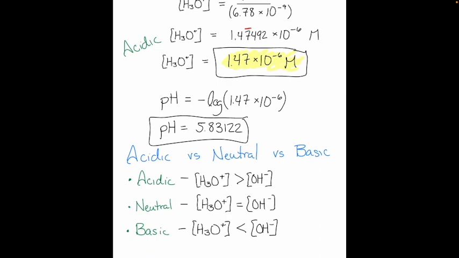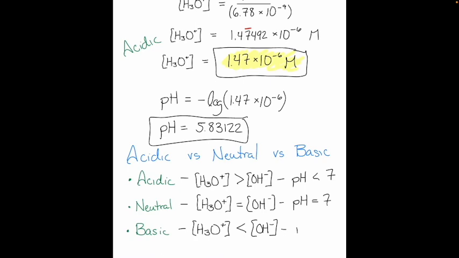Okay? So for our criteria of acidic, basic, and neutral, we can sort of restate this in the world of pH. Saying that the concentration of hydronium ion is greater than hydroxide ion, this means that the pH would be less than 7. In a neutral solution, if these two are equal, and you can sort of prove this by solving it in your autoionization equation, this would mean that the pH is equal to 7.